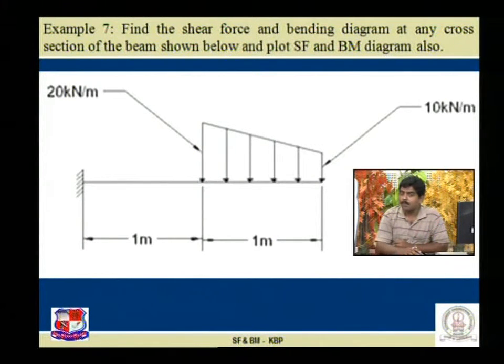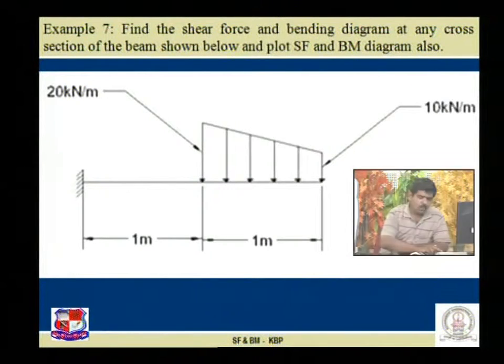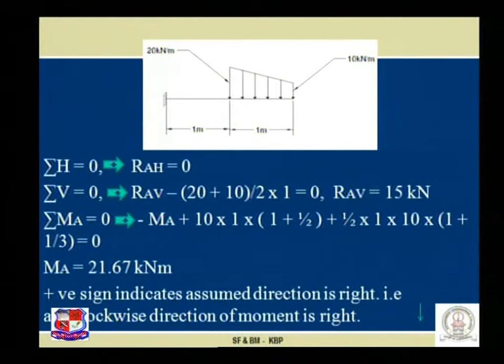Go for step number 1, that is determination of support reaction. It is not necessary, but it is our tradition to find the support reaction first. Using sigma H is equal to 0, RAH we obtain as 0, because not a single force of horizontal nature is acting along the length of the beam.